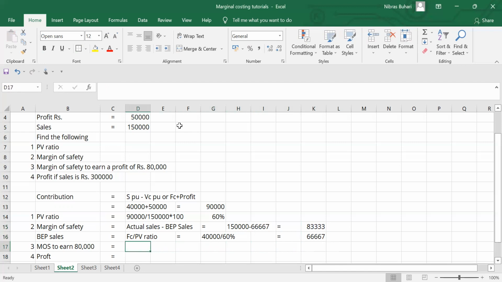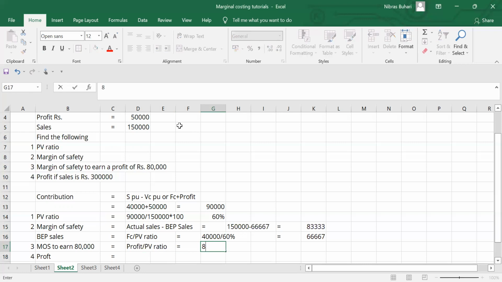Again, I'm asking you margin of safety, but for a profit of 80,000, which means you need not use actual sales minus BEP sales. You can use profit divided by PV ratio. How much is the profit?